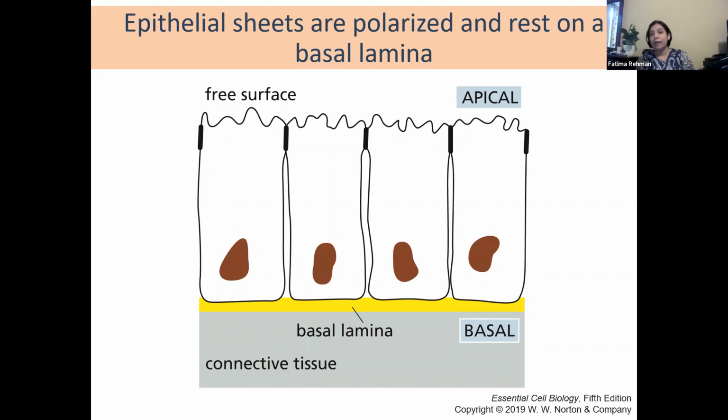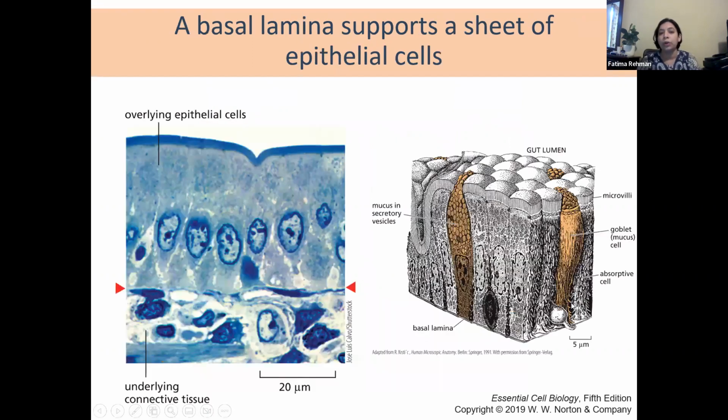Epithelial sheets will have, like I said, an apical and a basal side, and the more length you have, the more distance you have between those sides, the more different they will be. So up here is your free surface with the apical side, and down here is the basal side that's connected to the basal lamina, which in turn is connected to your connective tissue.